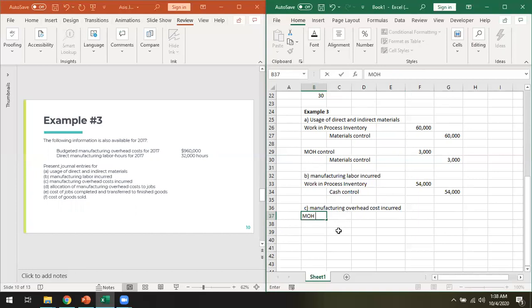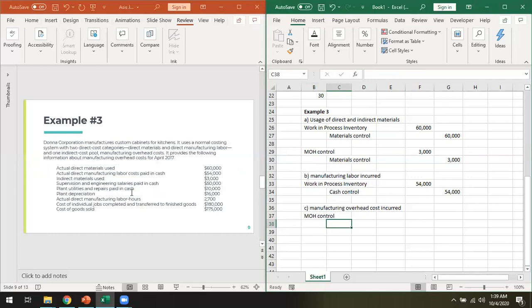So we use manufacturing overhead control. And the credit is all manufacturing overhead costs that are incurred. So we have supervision and engineering salary, which should be cash control because we pay those costs with cash. Cash control for the supervision and engineering paid in cash.